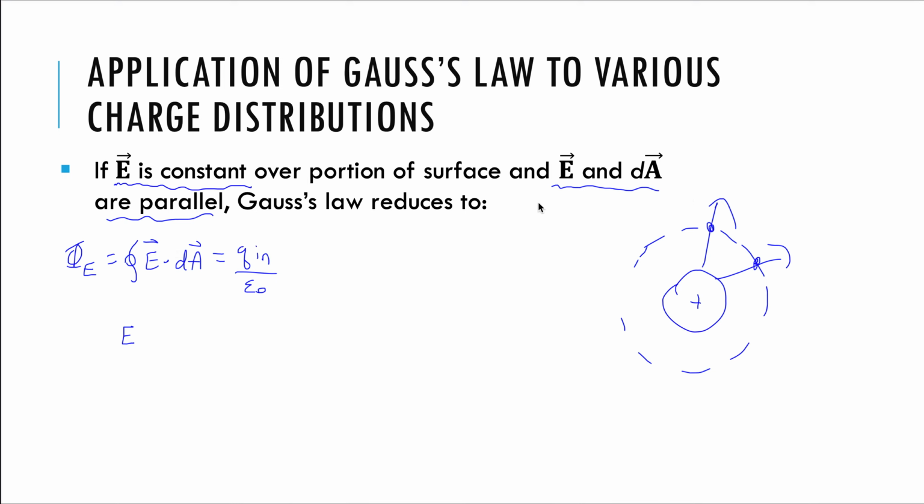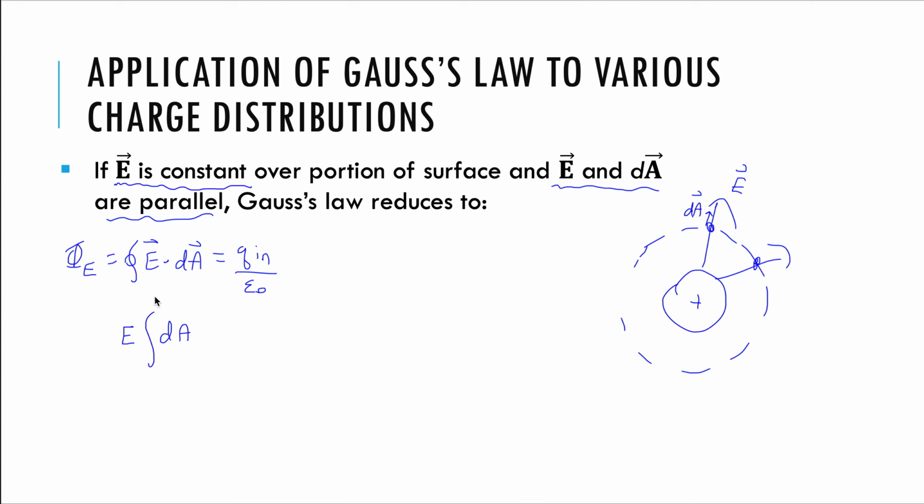And the other thing is that if you take advantage of symmetry, then E and dA are going to be parallel. So you can see in this case, E is parallel to dA. dA is the vector that is perpendicular to our surface here. And that allows the dot product to cancel out so that we just get E dA, which, when I already took out E, I already assumed that the dot product was canceling out.